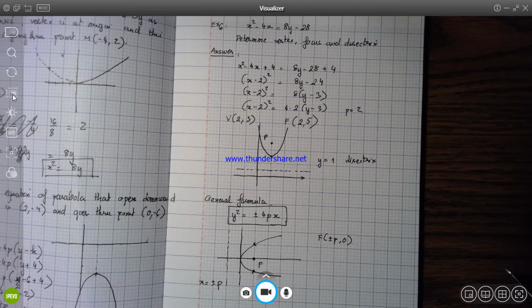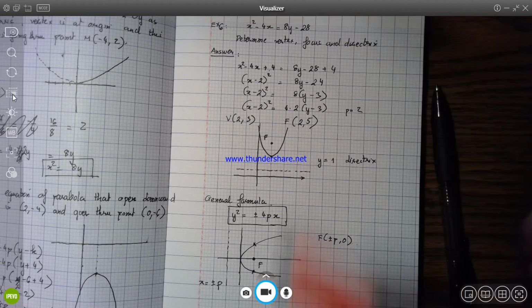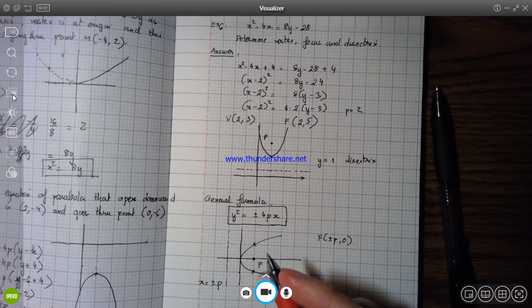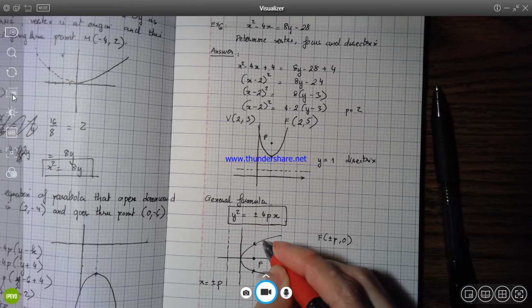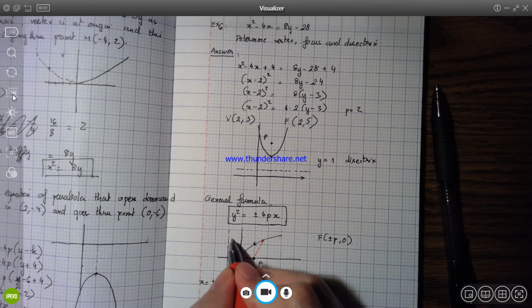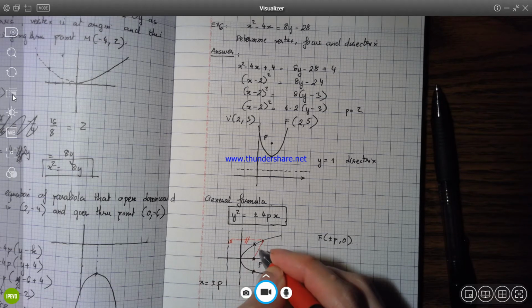If we pick any point on the parabola, you see my parabola is not to scale, connect it to the focus and draw a perpendicular to the directrix, they should be congruent.